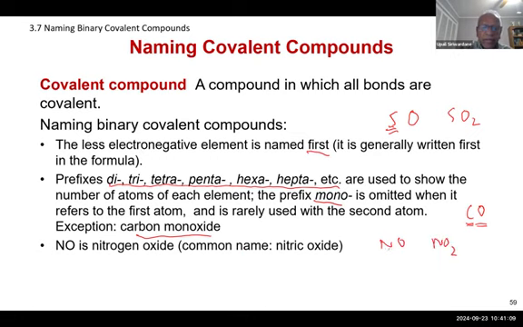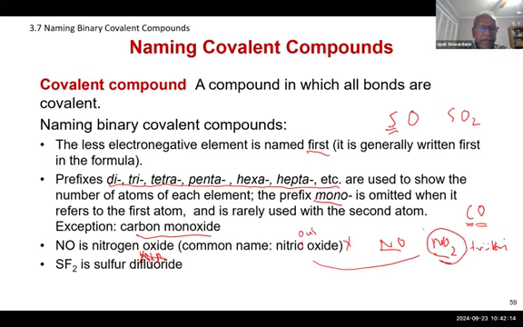This is called nitrogen monoxide, also called nitrous oxide, nitric oxide. Sulfur dioxide, there's no problem. The systematic name is with the element name and the number of atoms given by prefixes.